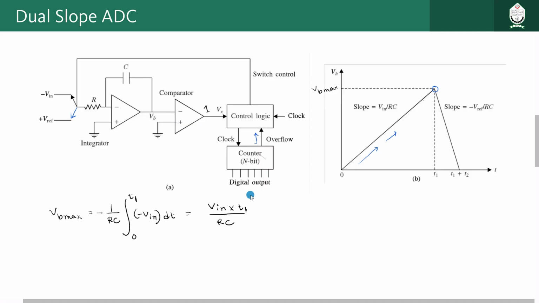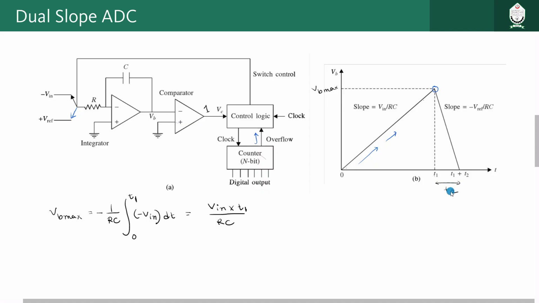So we will try to understand how this digital output is actually the equivalent value of this analog data. But first let us try to understand what happens in this duration, from T1 to T1 plus T2, or actually this duration means T2, right?